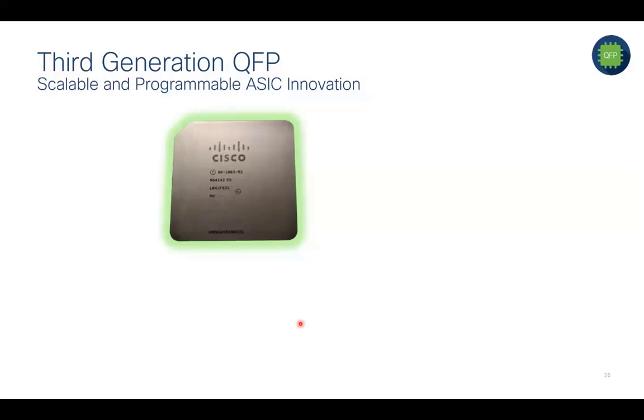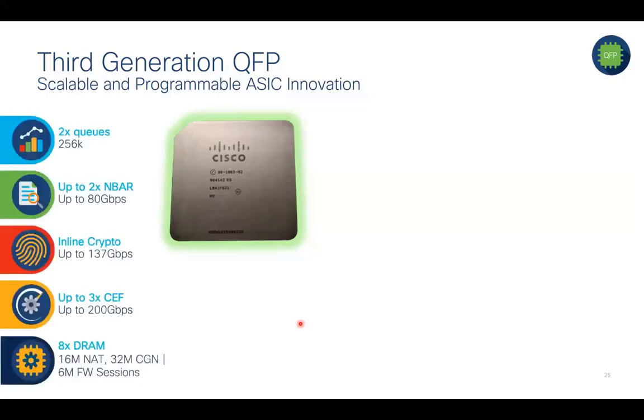Here, the same QFP takes a new approach towards forwarding by having cryptography done inline. We also have 240 Gbps of layer 2 aggregation possible within the same QFP ASIC. Just to get a glimpse of what it can achieve, we have 256K queues for comprehensive QoS.